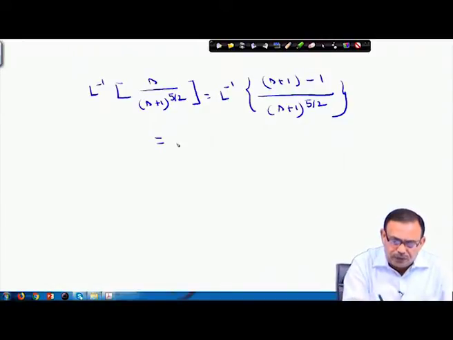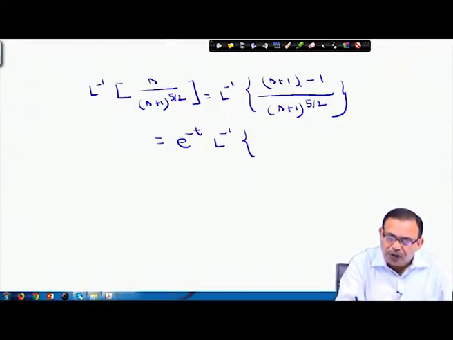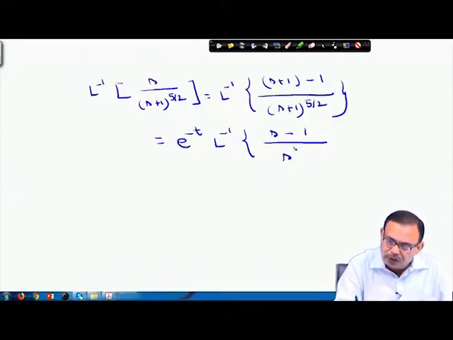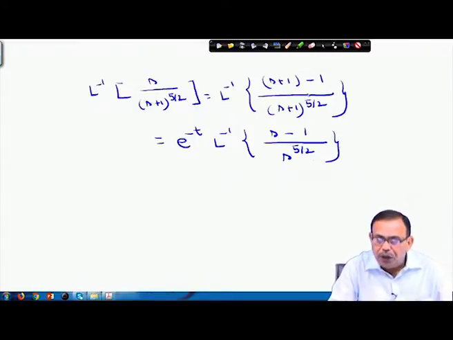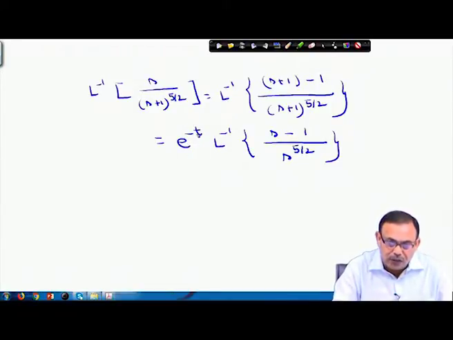E to the power minus t, because a is minus 1, Laplace inverse of this s plus 1, I can write simply as s, and this will be s to the power 5 by 2. Or in other words, using the property itself, this s plus 1 I am replacing by s, whereas since a is minus 1 here, e to the power minus t will come.